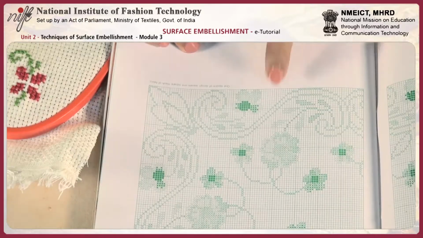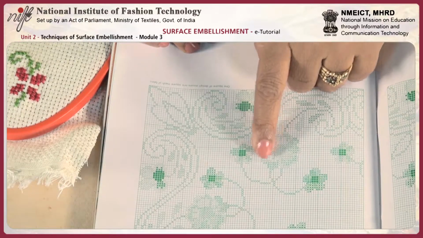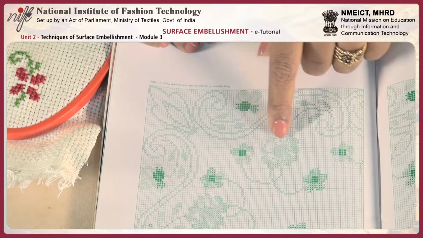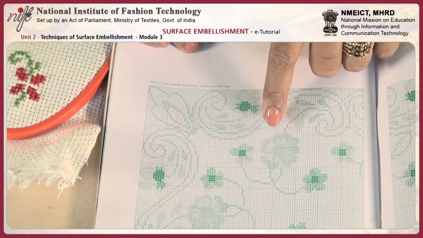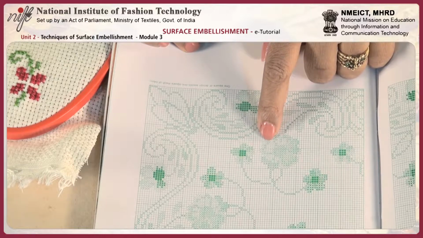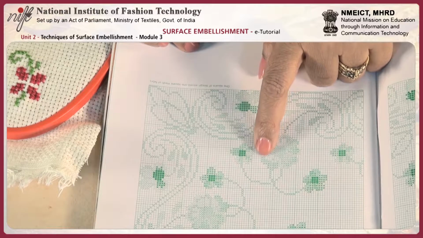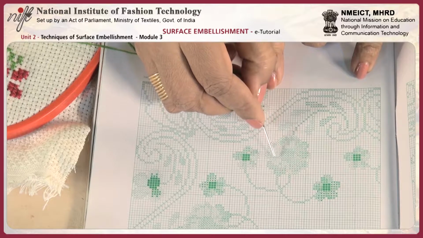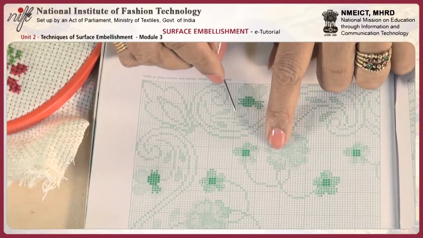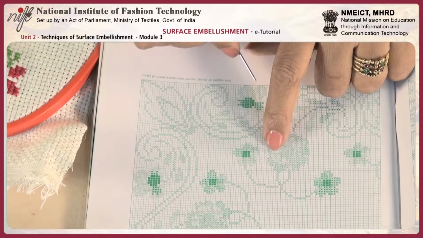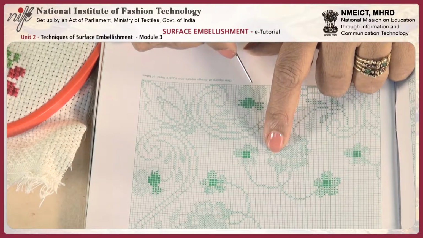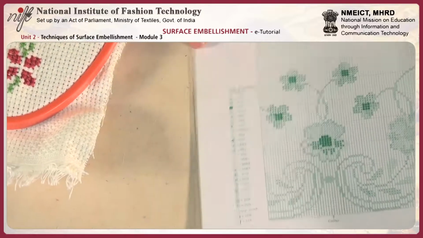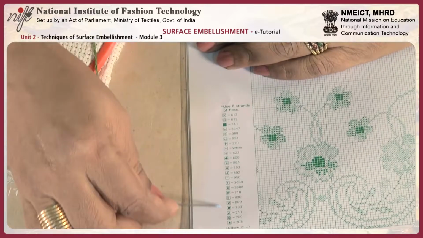Some books have graph images, like the pictures have been given in graphs of the same color, but you can see for each color the symbol is different. See, you can see lines for one color, you can see dots for the next color, you can see triangle shapes for the next color. So the color chart is given like this.